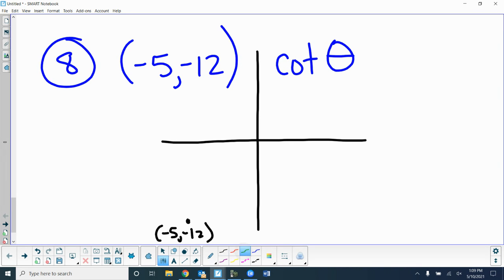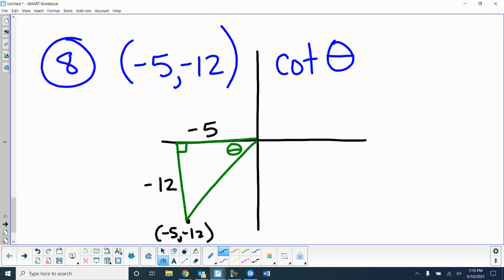Okay? So we'll take from the origin to the point as our hypotenuse, straight up to the x-axis makes our right angle. So theta's back here, our point of reference is always back by the origin. I know that this distance is -5 and that distance is -12.